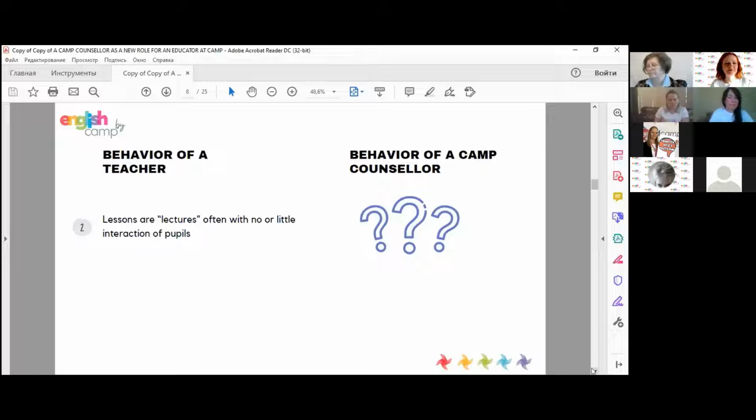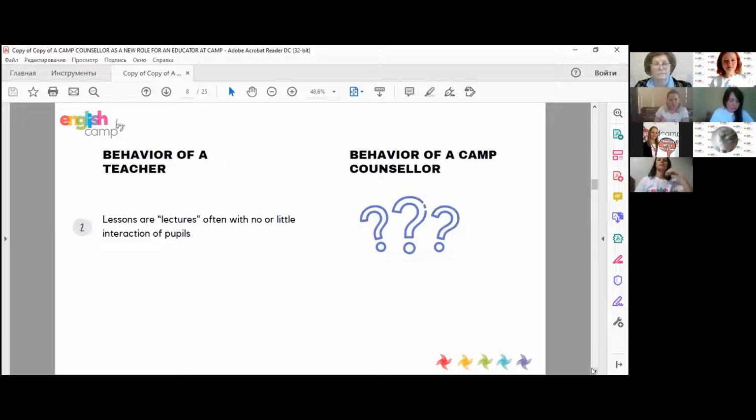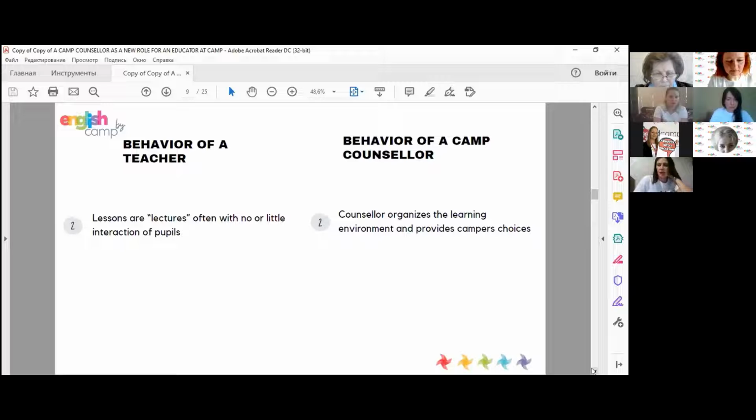Usually we don't have much interaction with pupils during the lesson, and if you think about a camp, what comes to your mind? The camp is fun. Right, and interaction happens all the time. Yes, you're right. Counselors organize a learning environment and provide campers choices.